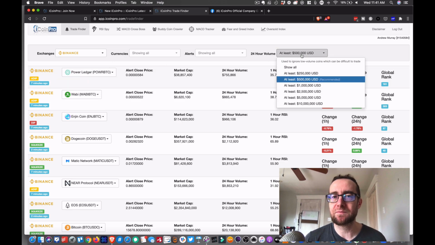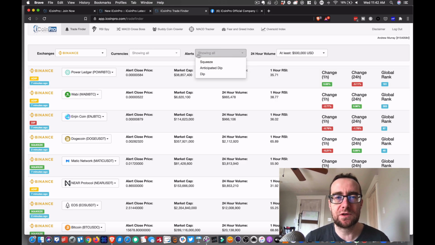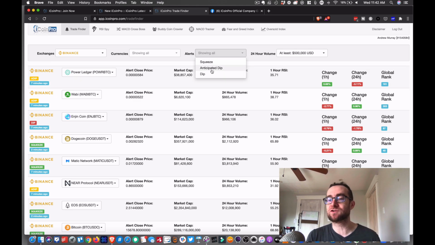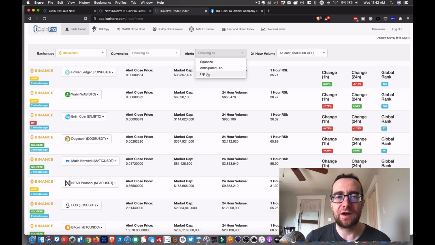And you can filter by the volume, right? You obviously don't want to do coins that have too little volume because those can be extra volatile and move very quickly. And you can do alerts or just look for one of these options, right? Because there are a few different trades that you can make that iCoinPro teaches. So let's say you just want to learn the dip trade.